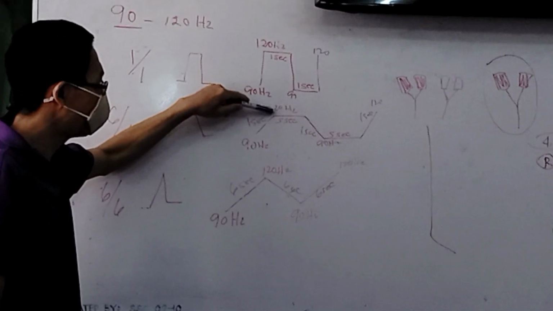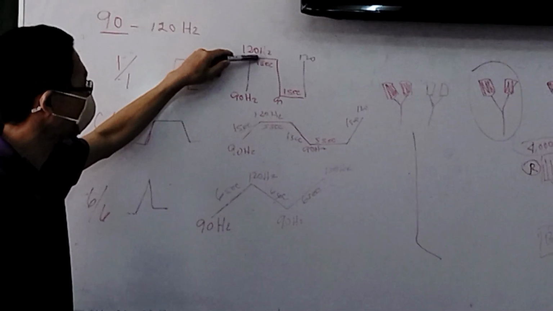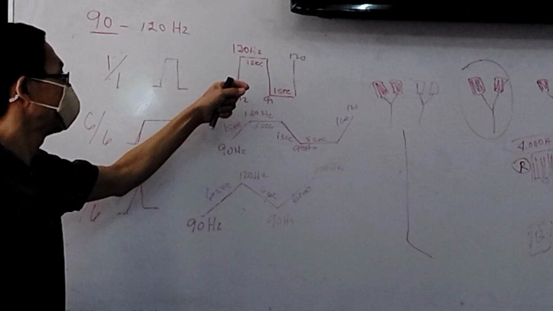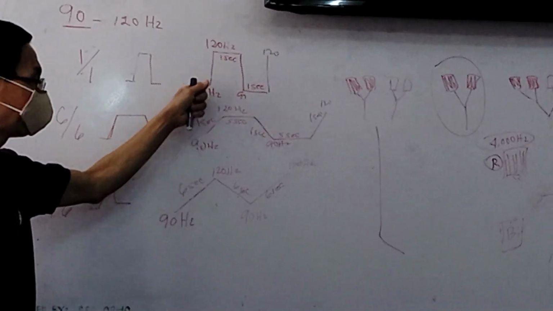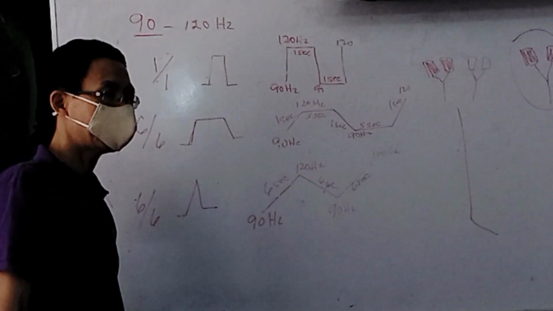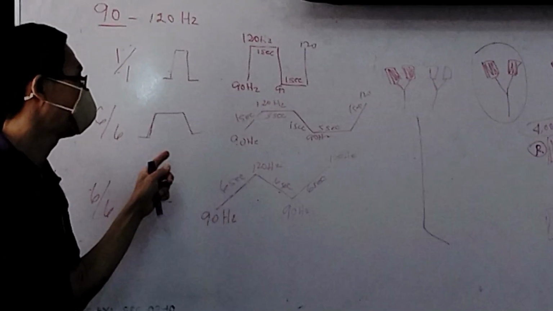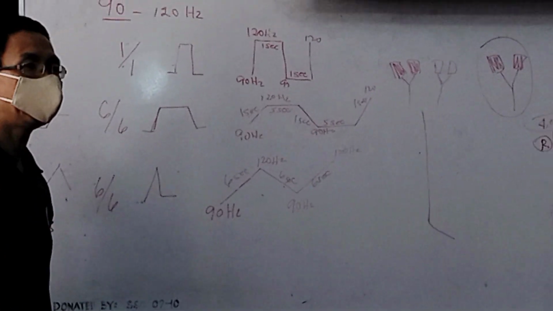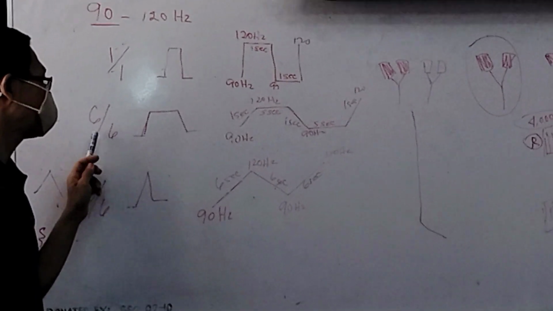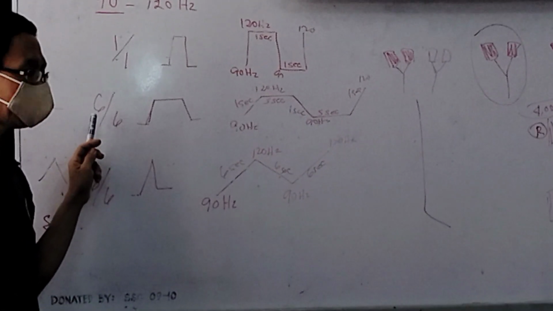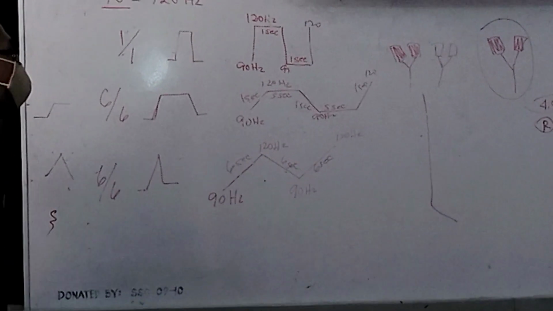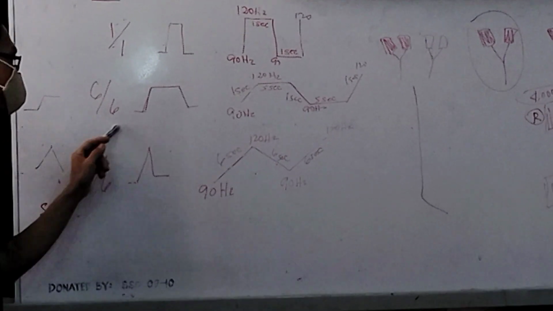So it stays longer. While there, it stays 1 second and then we change, so the changes are quicker as compared to 6/6 trapezoidal. This is less aggressive as compared to 1:1. So therefore, we usually prescribe this during subacute condition. Yeah.